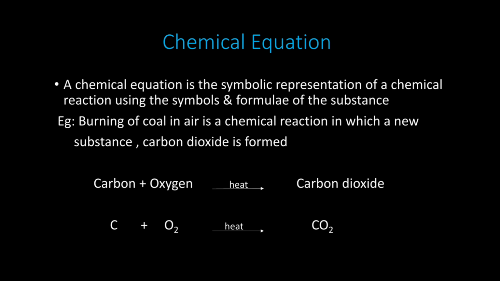It is a very short and simple way of saying that this is the reaction that has taken place. Carbon reacted with oxygen, you get carbon dioxide. If you want it in an even simpler way, we use symbols. Carbon, we all know, is represented with C. Oxygen, we write as O2 gas, and when they react, you get carbon dioxide. CO2 is the formula for carbon dioxide.